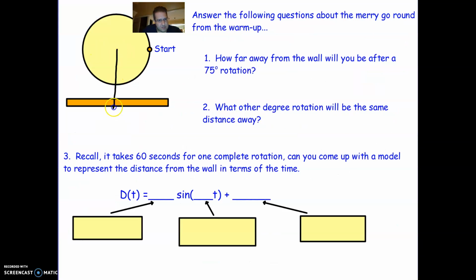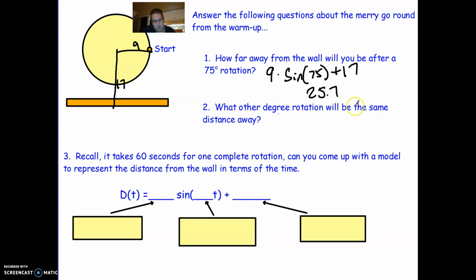So for a 75-degree rotation, I know it's radius times sine of 75 plus the center height. 9 times sine of 75, then add the 17, and that gives me an answer of 25.7, give or take, rounded to the nearest tenth.